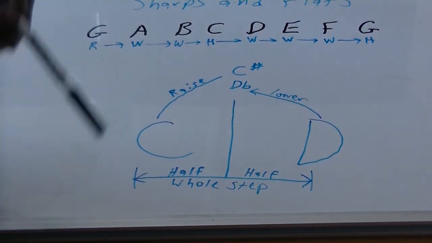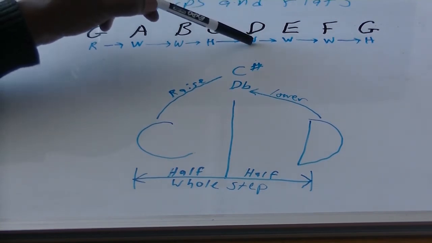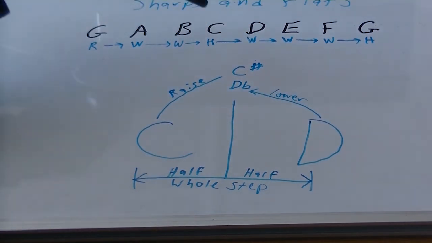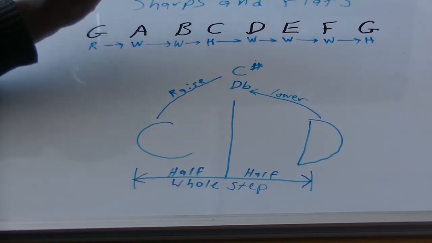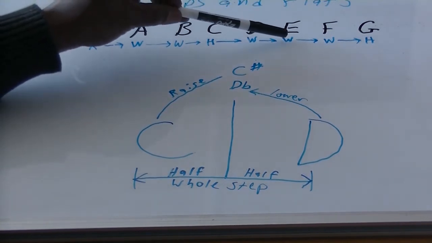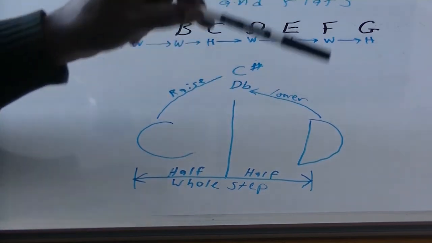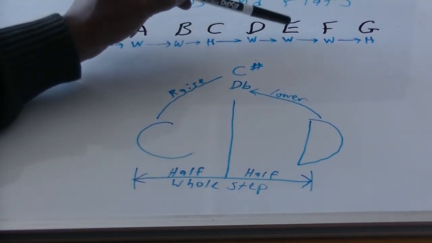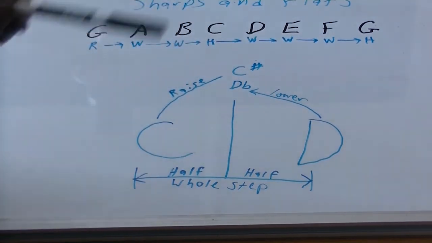But let's continue. We're at C, and now we need to go up a whole step. From C to D is a whole step, so we're good here. We're at D, and we need to go up a whole step. From D to E is a whole step, so our E note is good. We're at the E note, and we need to go up a whole step.